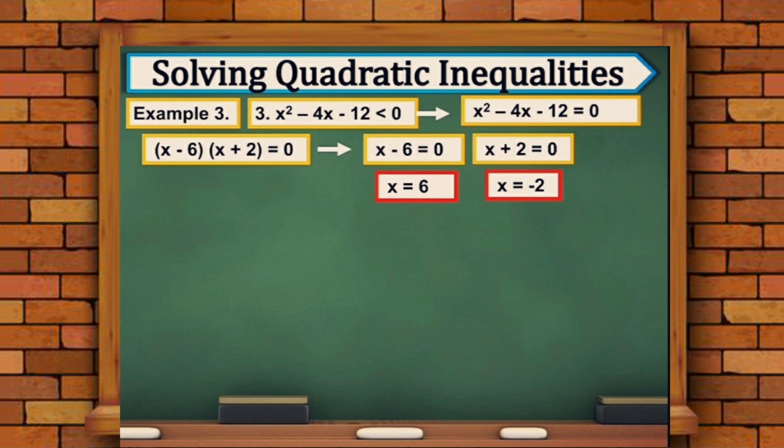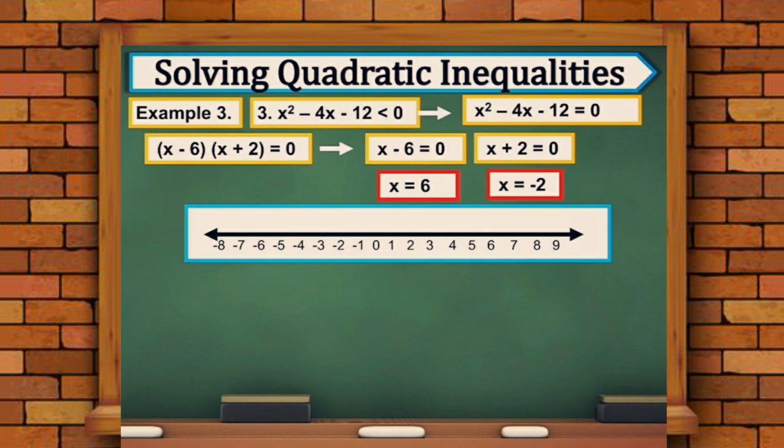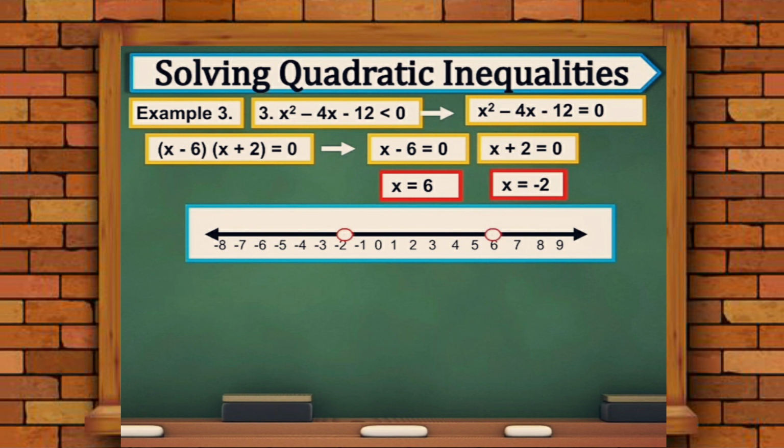X is equal to 6 and x is equal to negative 2. Plot it on your number line. This time we will use an open circle because our inequality symbol doesn't have or equal. So put it at negative 2 and positive 6.